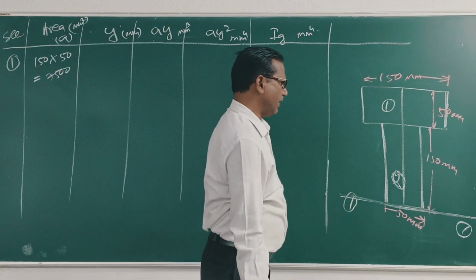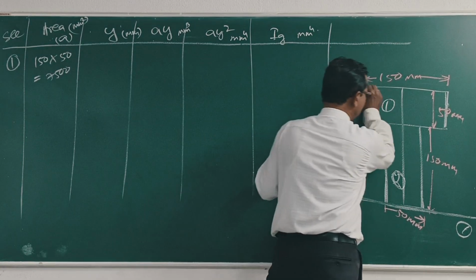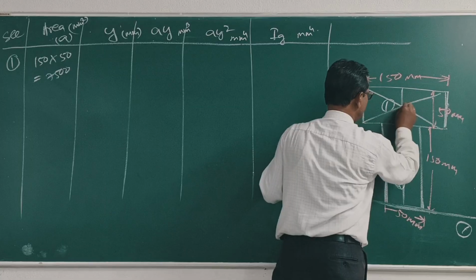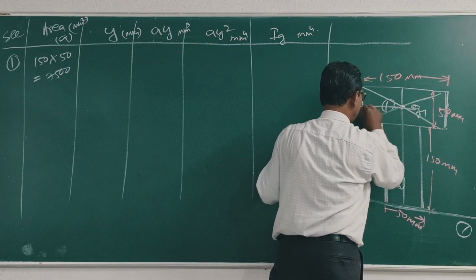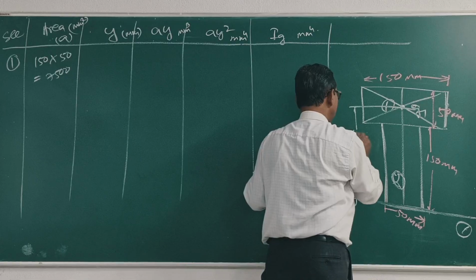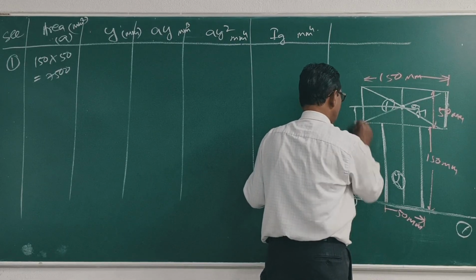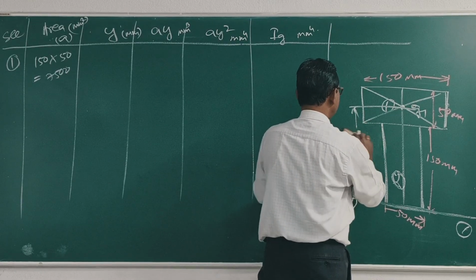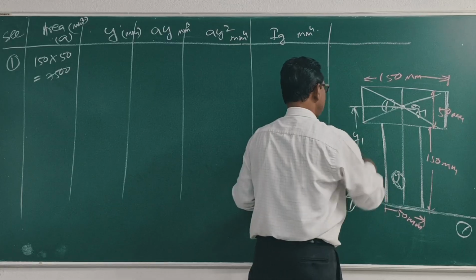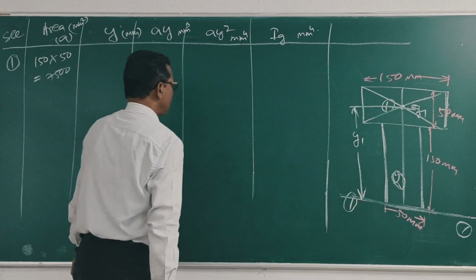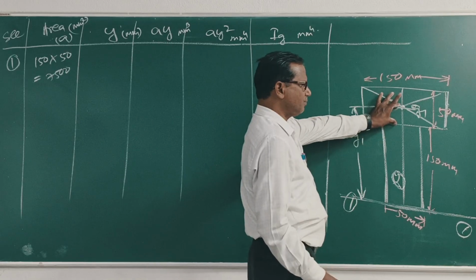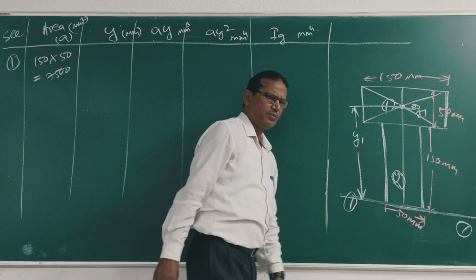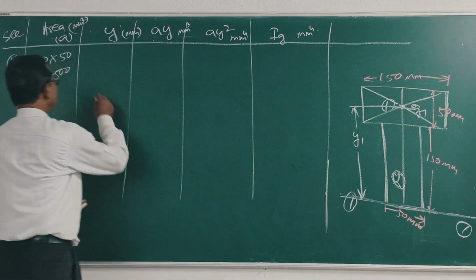Clear? This is G1. This is Y1. Clear? What is Y1? It is equal to 150 plus 25, which is 175.